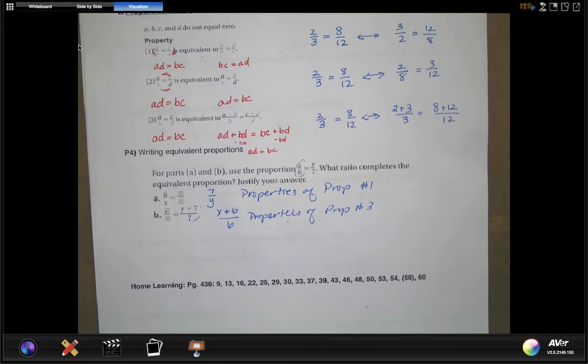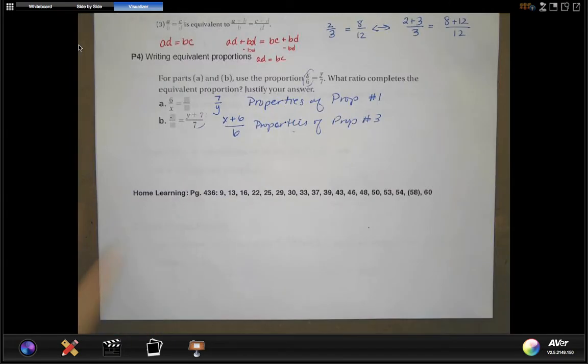All right, what I'm going to do now is take the homework problems and maybe do a couple here with you. So I'm going to open up my book. And let's see here.